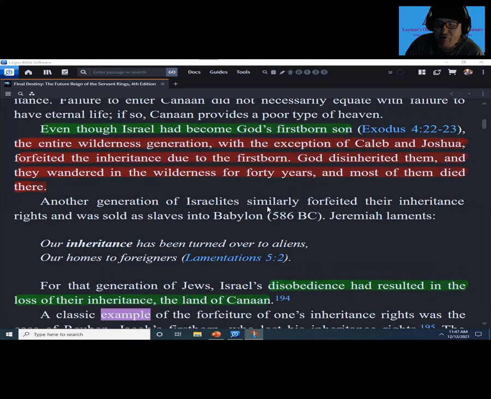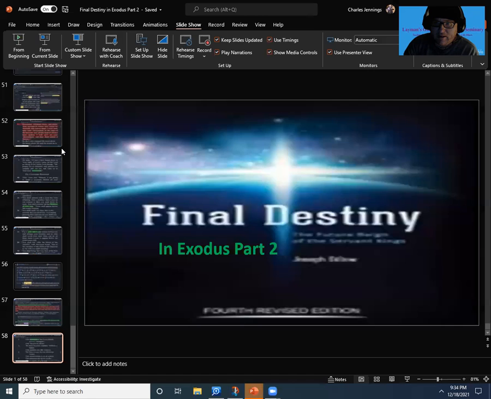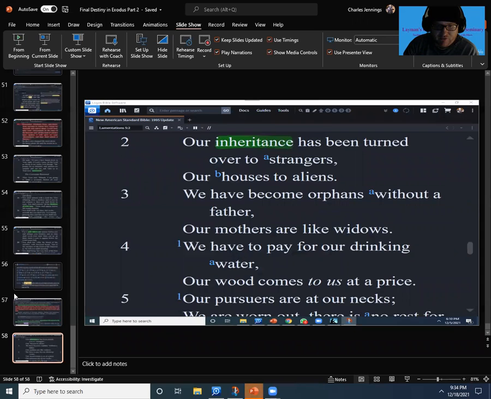Another generation of Israelites similarly forfeited their inheritance rights and were sold as slaves in Babylon in 586. Jeremiah laments, our inheritance has been turned over to aliens, our homes to foreigners. And here's that passage right there. I think that's nachalah right there. So that shows you that an inheritance can be forfeited or lost. And that's it, I believe.